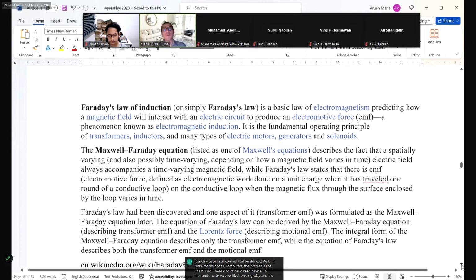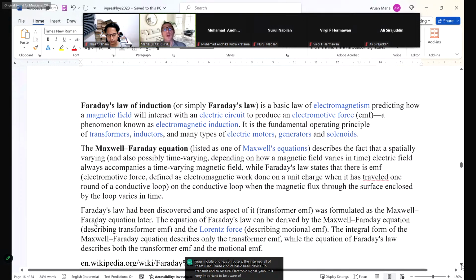It is very important to be aware of Faraday's law, which shows how the inductor works and how a changing electric field causes a changing magnetic field, and a changing magnetic field causes a changing electric field, yeah?